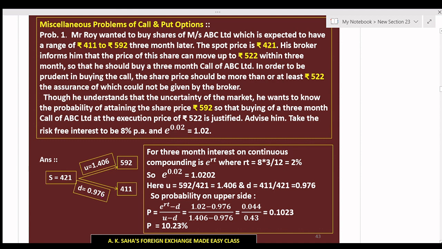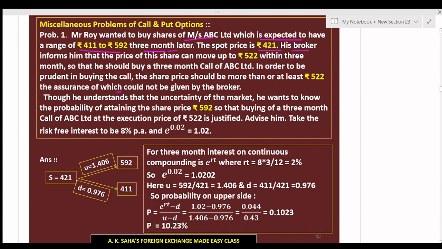Problem 1. Mr. Roy wanted to buy a share of Messrs. ABC Limited, which is expected to have a range of rupees 411 to rupees 592 in 3 months' time. The spot price is rupees 421.